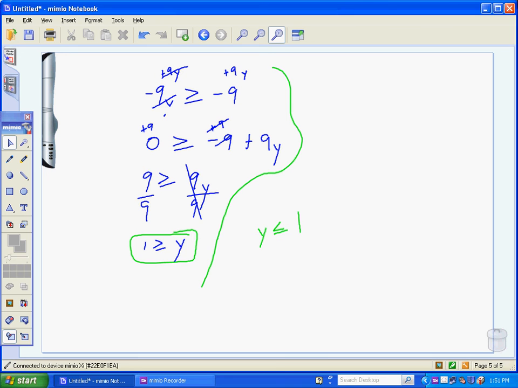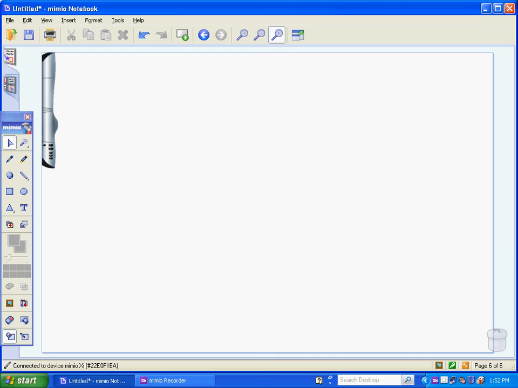I'm showing you why we would flip the sign, because you don't want to have to go through all this. This isn't negative 9y right here, it's negative 9 plus 9y. Okay, we'll do another example. I'm just going to stop this one.